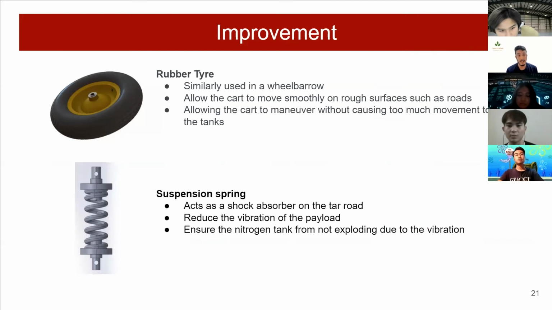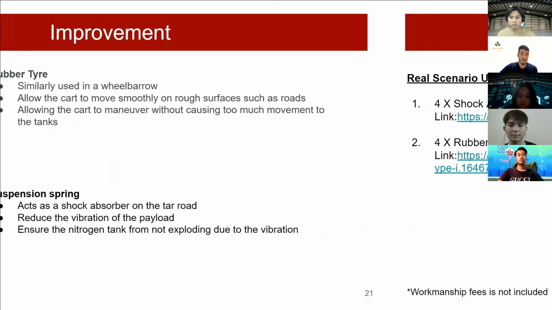And the second addition that we did is we added a spring to hold the tire. So it acts as a shock absorber on a tarred road, and it reduces the vibration of the payload, and therefore it prevents the nitrogen tank from exploding due to the vibration.